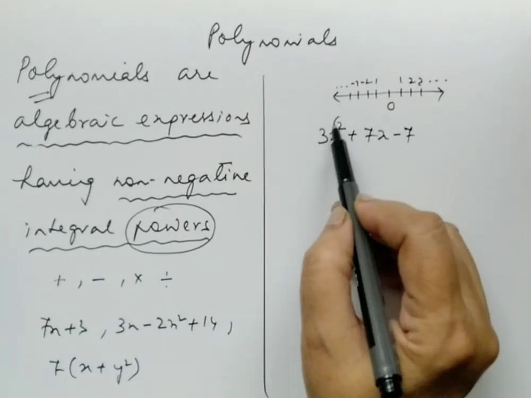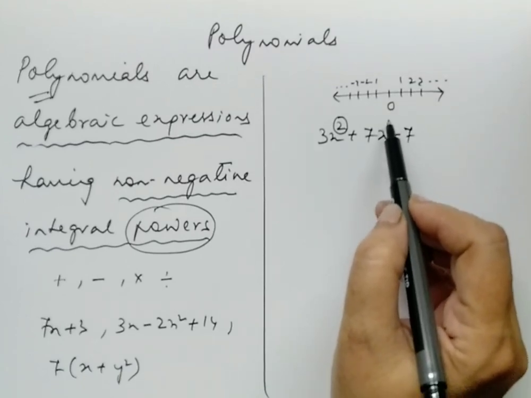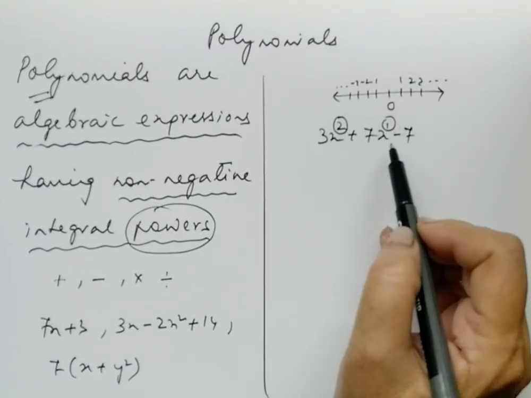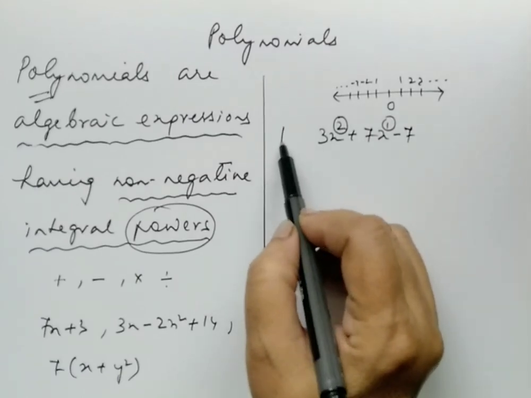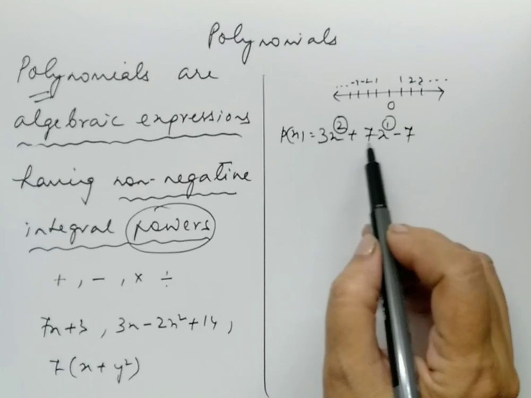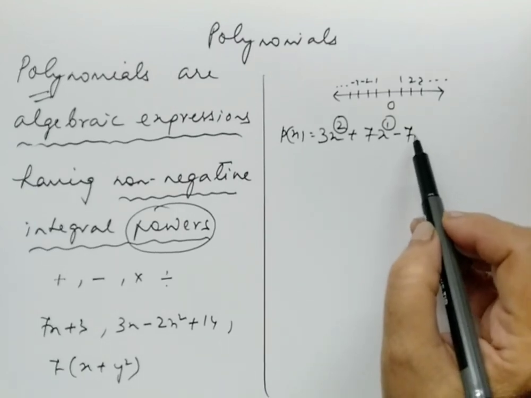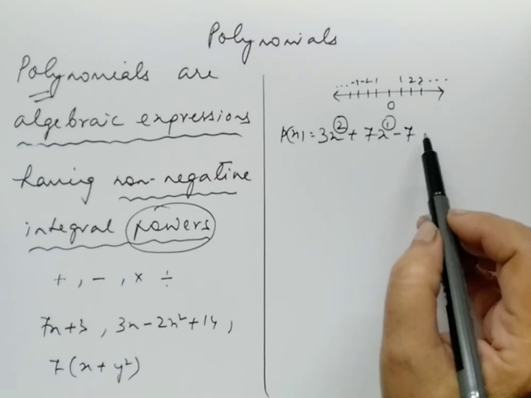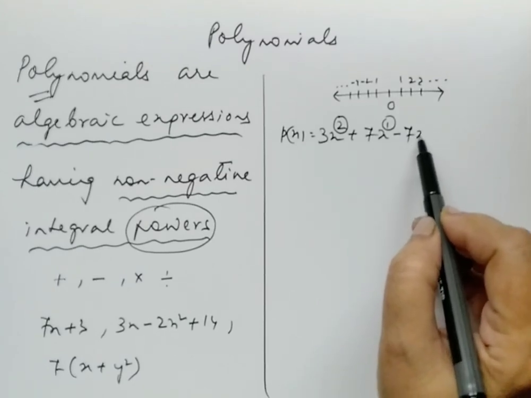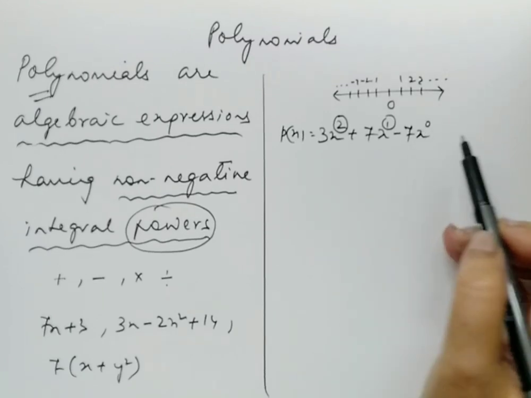For example, we have a power of 1 here sitting with x, say px. This is a polynomial in one variable, x. Here we have a constant, which means we have an invisible x which has a power of 0.